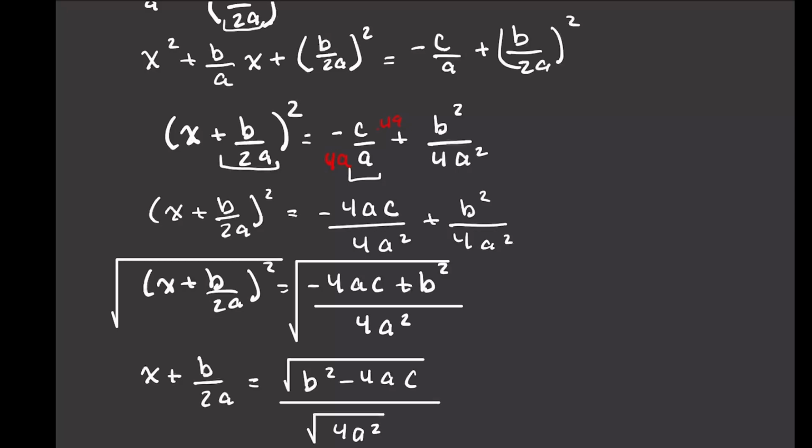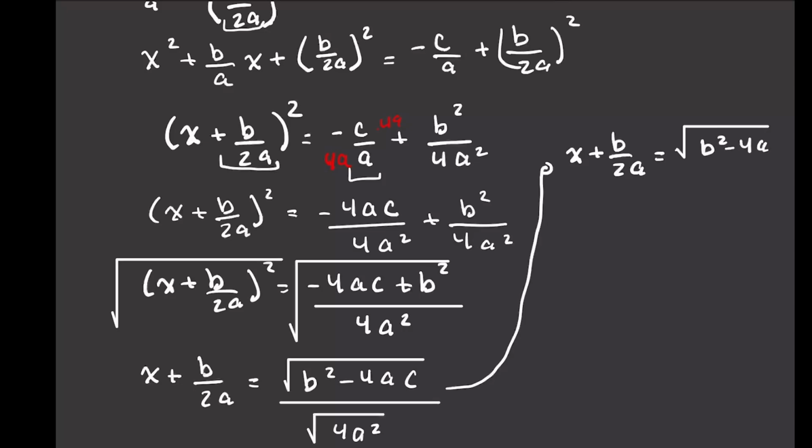Now notice that the bottom right here, I'm going to finish my work here. So x plus b over 2a is equal. Now I can't do anything on the top, so I'm going to leave it as it is. B squared minus 4ac. However, the bottom would give me a 2a. Now remember, the square root gives you a positive and a negative value.